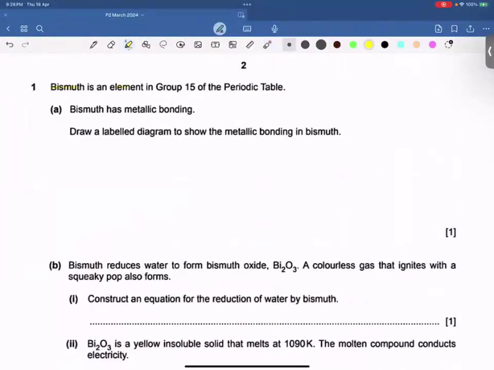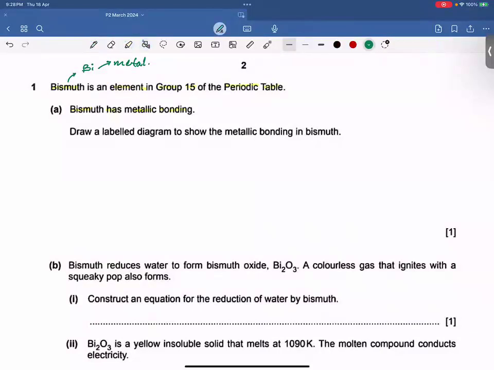Bismuth is an element in group 15 of the periodic table. By the way, the symbol of bismuth is capital B and a small i, that is Bi. Bismuth has metallic bonding, which means bismuth is basically a metal, and so it exhibits metallic bonding.